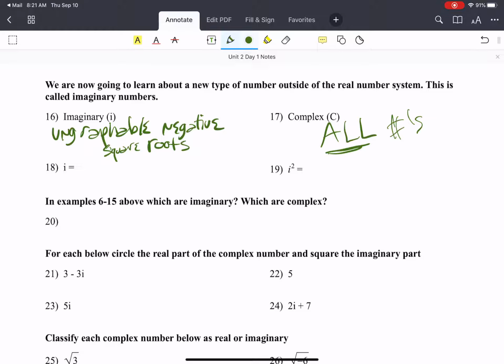Negative 10 times negative 10 is still positive. So the only way to get a negative is for the numbers to be different, but then it's not a square root. That is where our new friend i comes in. i is equal to the square root of negative 1.